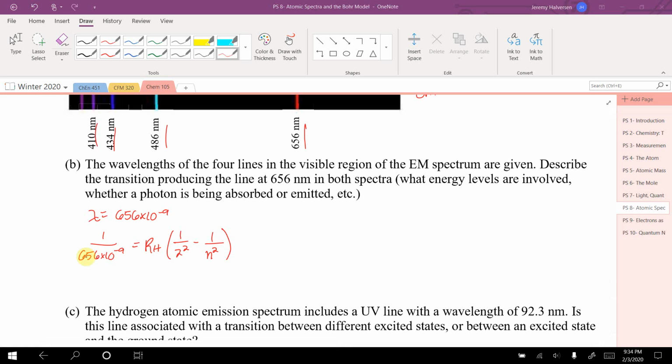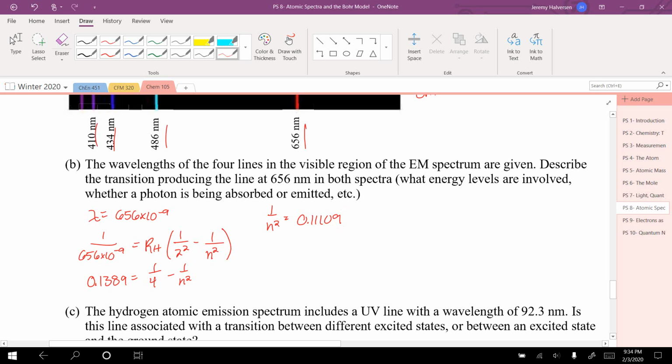And just to give you an intermediate step here, I got 0.1389 equals 1 over 4 minus 1 over n squared. So if I do 1 fourth minus that, I get 1 over n squared equals 0.11109.